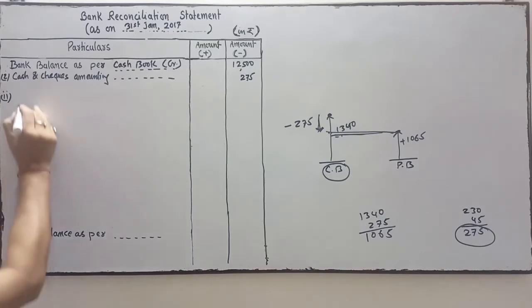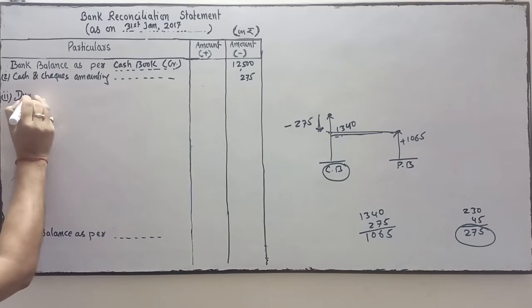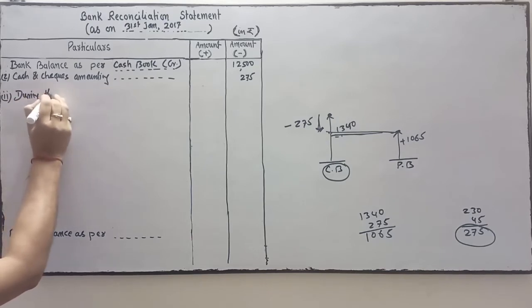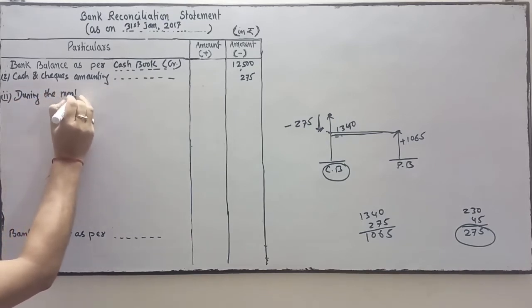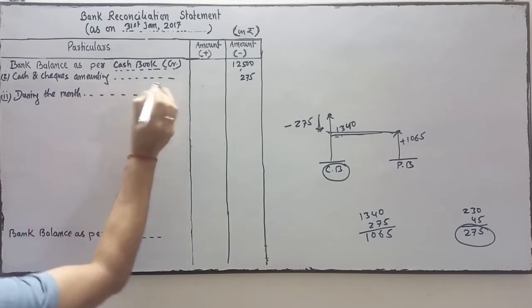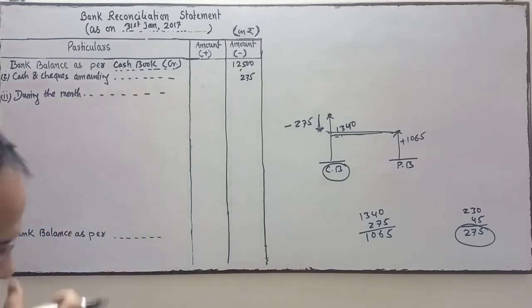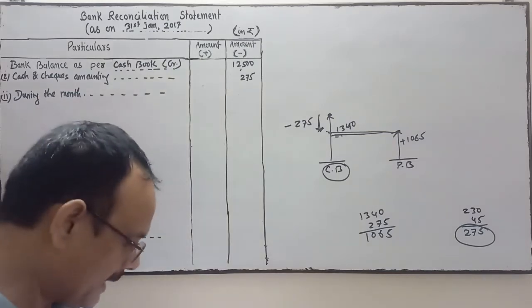Next, the second one. You write the complete sentence. During the month of January, issued checks worth rupees 1,670 to my creditor.